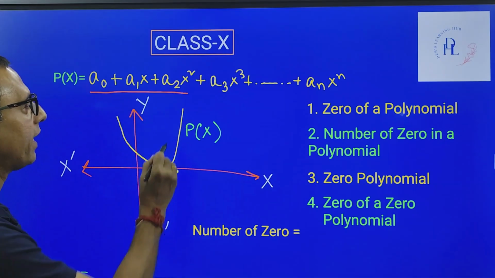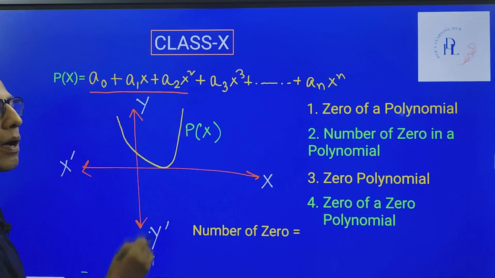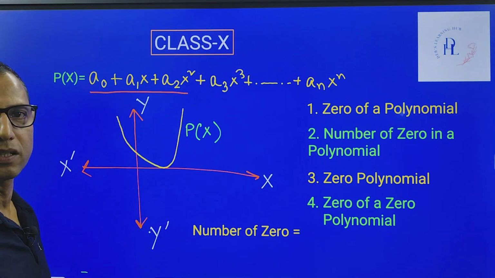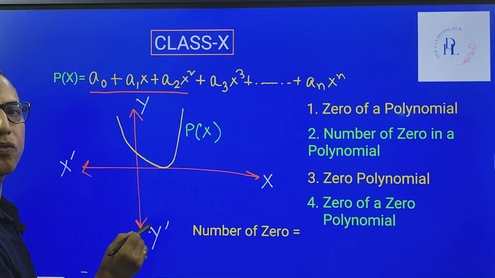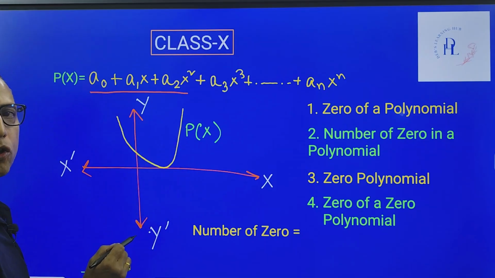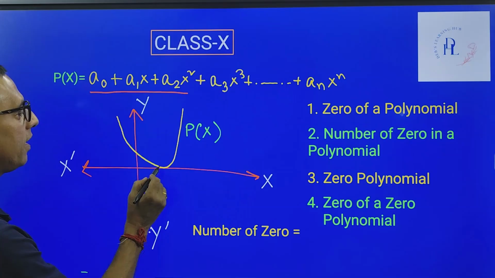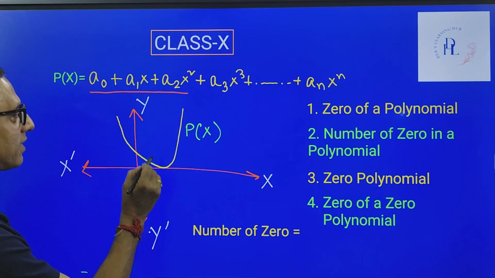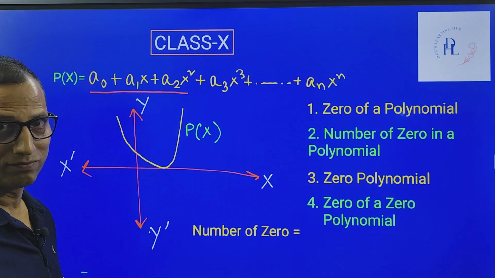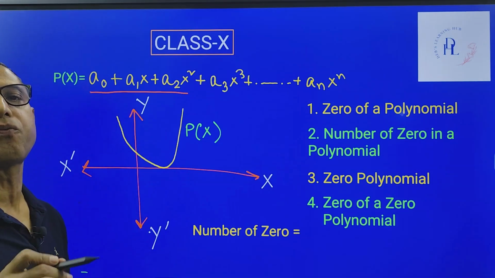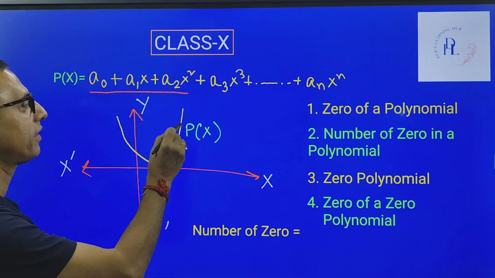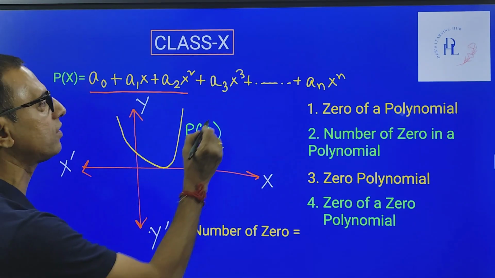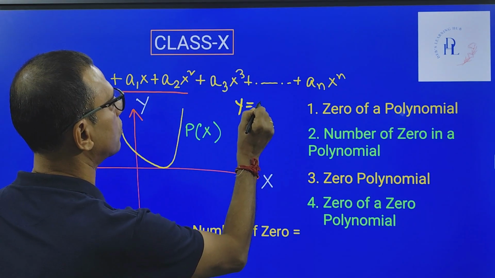What does it mean? p(x) is the graph, this curve is p(x). So for how many values of x the polynomial becomes 0 means we can see the value of the polynomial p(x), that means it is y. p(x) means it's a function of x. Since it's a polynomial, we write p of x, otherwise we write y equals f(x).